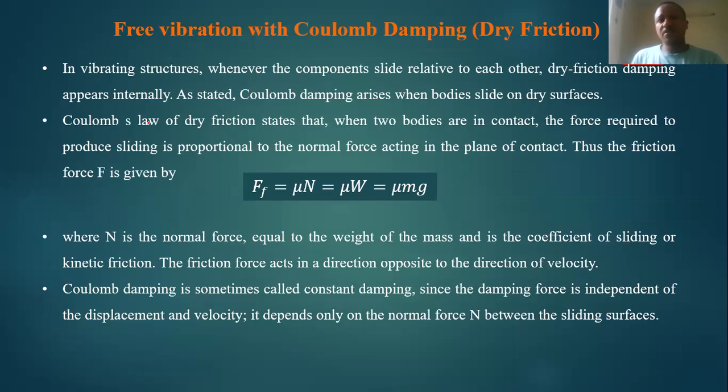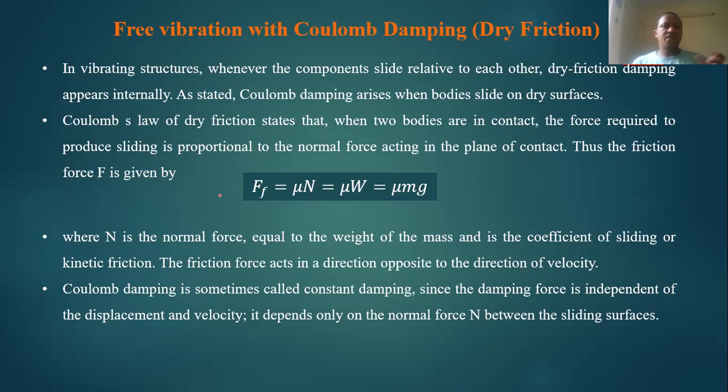In a vibrating structure, whenever components slide relative to each other, dry friction damping appears internally. Coulomb damping arises when a body slides on a dry surface. Coulomb's law of dry friction states that when two bodies are in contact, the force required to produce sliding is proportional to the normal force acting on the plane of contact.